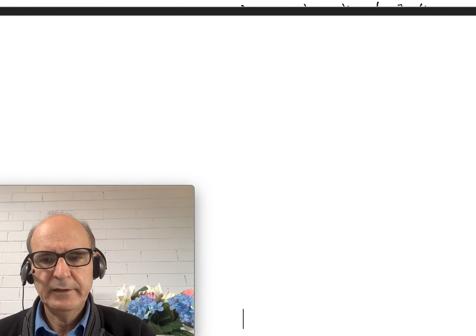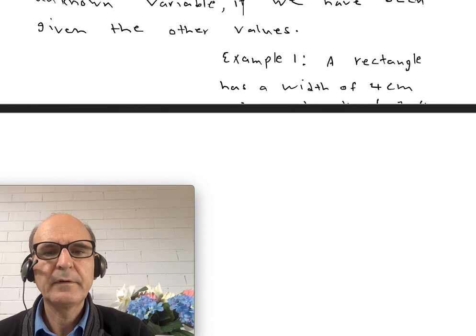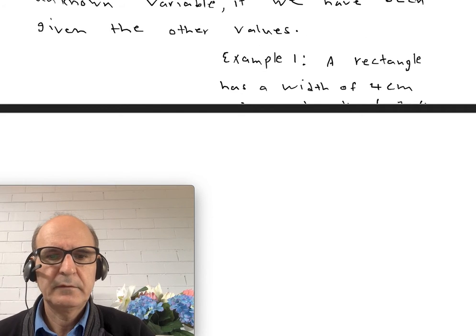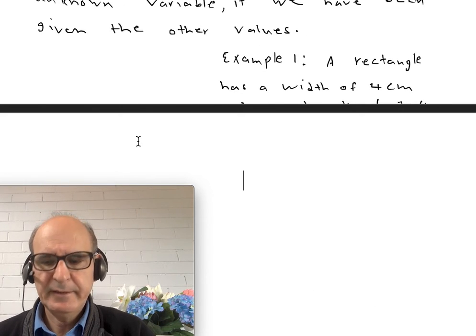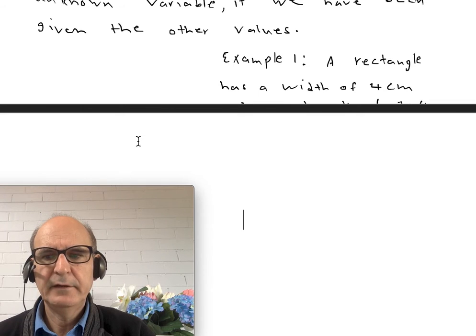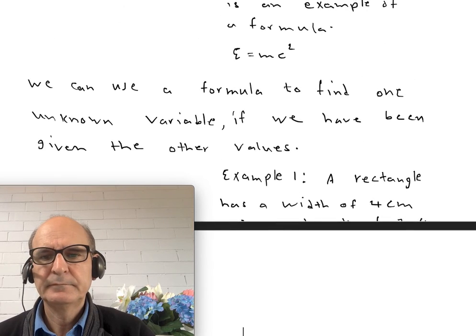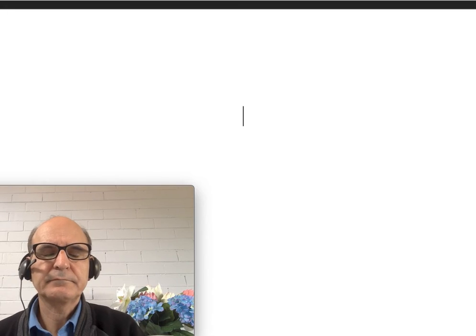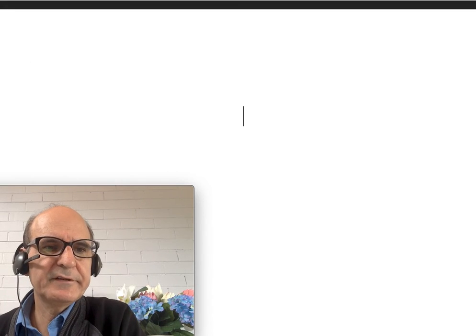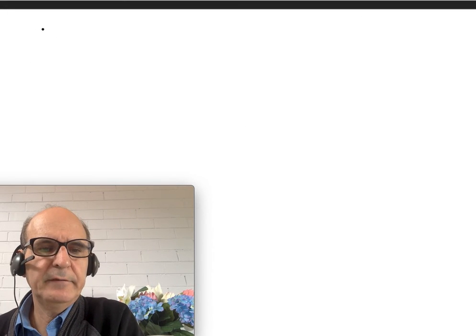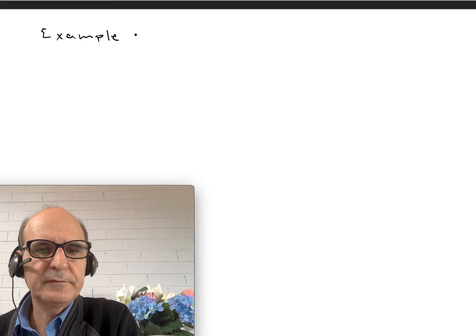Let's look at another example. In the second example that we are going to have, I use the same formula but in a different way, which involves using your skills in solving equations.